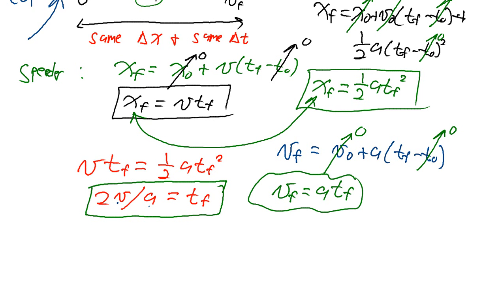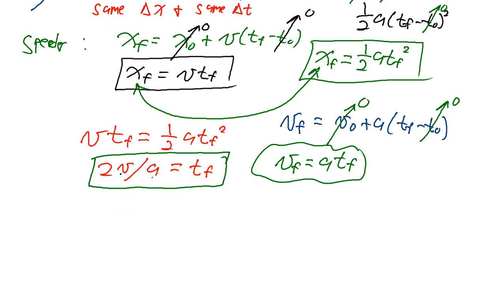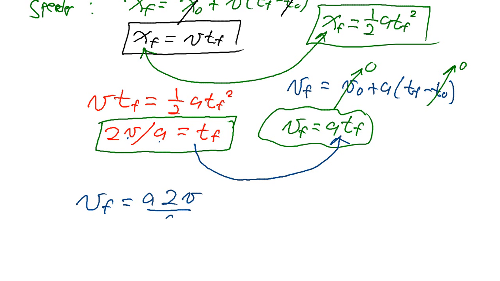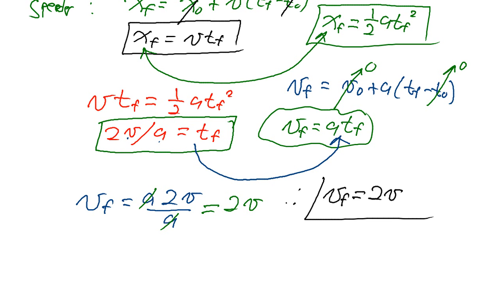So we're not allowed to keep a T sub F in the answer, and so I'm going to substitute from the equation in the box to eliminate T sub F. So that gives me V final equals A times T sub F, which I write as 2 times V over A. And I can see that the A's cancel out in the numerator and denominator, and I'm left with 2 times V. So the conclusion is that the final speed of the cop is going to be equal to 2 times the speed of the speeder in order for the cop to catch the speeder in the same amount of distance.